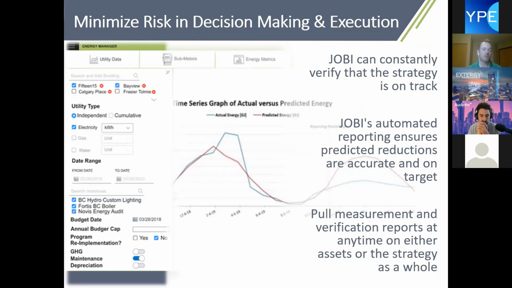Measurement and verification is built into this so that as you do these projects, you need to make sure you're hitting your targets, and you want to make sure you're reporting on your targets to your superiors or whoever your clients are. So whether we're using submeters to do very accurate M&V, we can also create what we call virtual meters or virtual meter points, where we build models to see what should be happening in there.